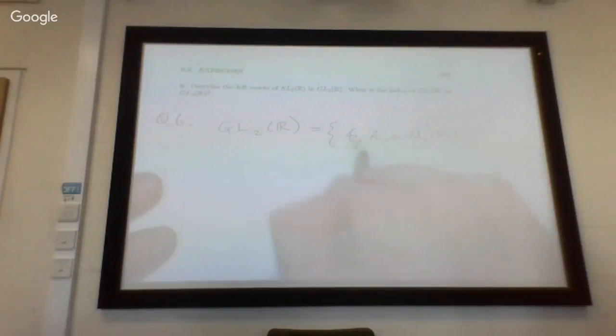But what was the condition for membership in the general linear group? M2R was a group under addition, an additive group. The general linear group, we want to be a group under multiplication.